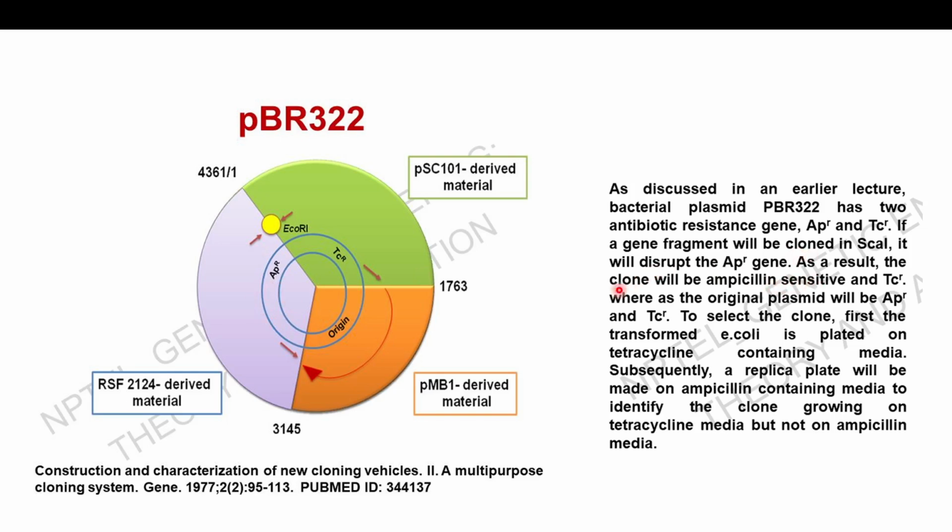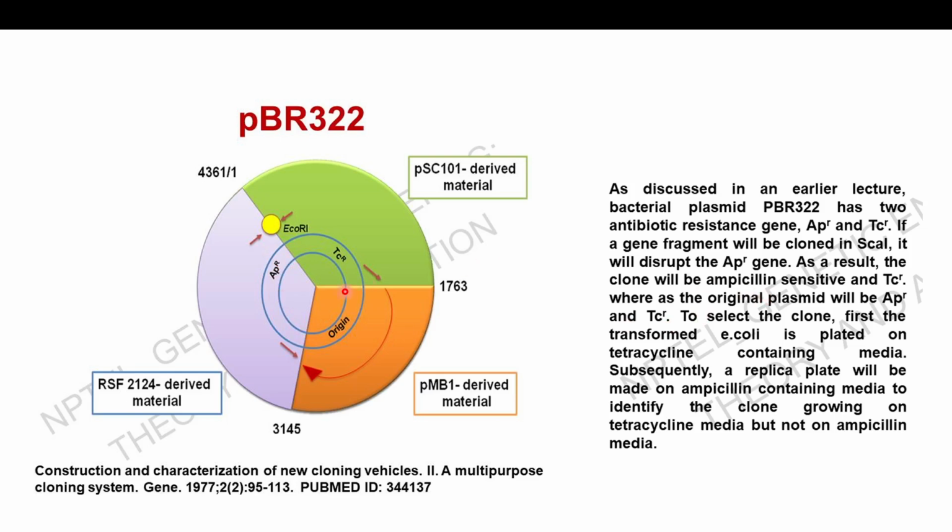Then the cells with the insertion in this region will eventually die if the cells having this plasmid are exposed to ampicillin, because the ampicillin resistance gene is disrupted. But if some cells have taken up the original plasmid, then it can very happily grow in an ampicillin containing medium, because it has a fully intact and functional ampicillin resistant gene.